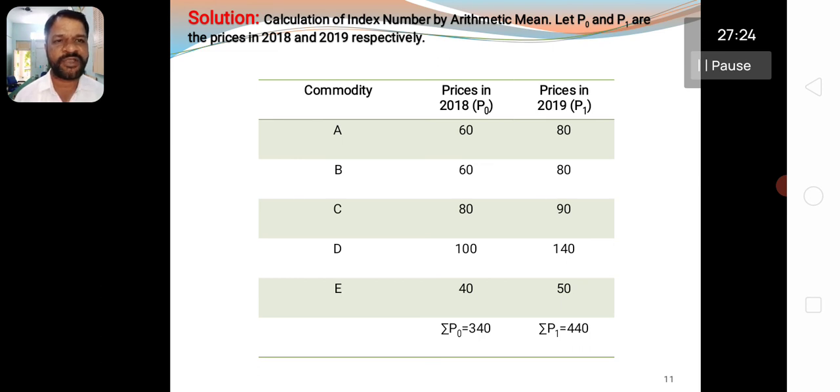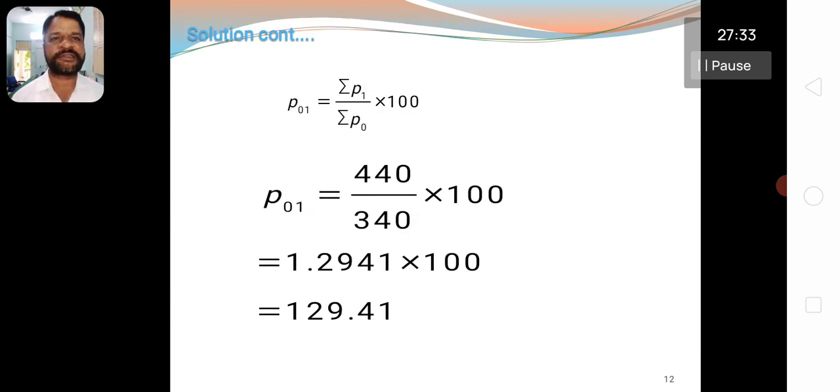Dividing these two gives the coefficient, which is multiplied by 100. So P01 equals 440 divided by 340 into 100. The coefficient is 1.2941, and multiplied by 100, we get 129.41.